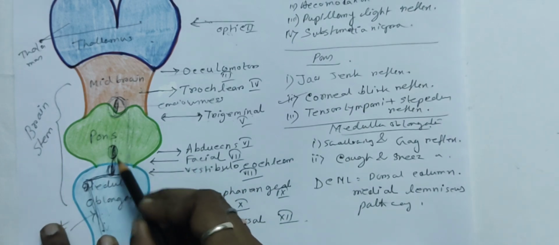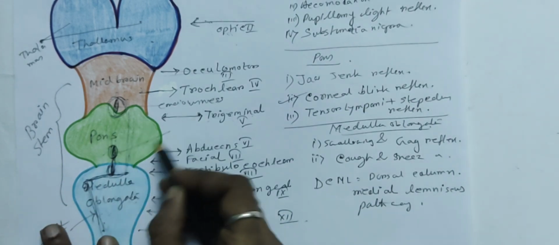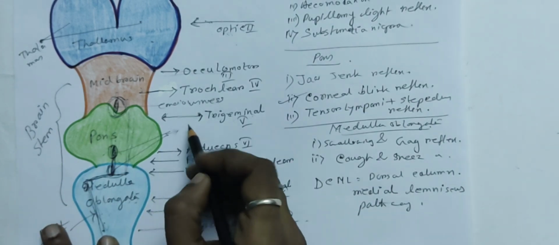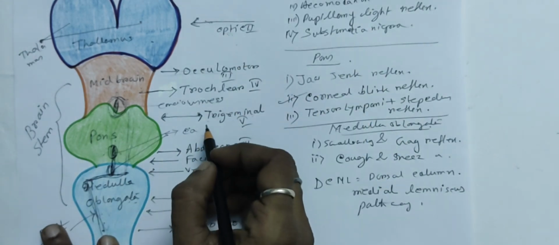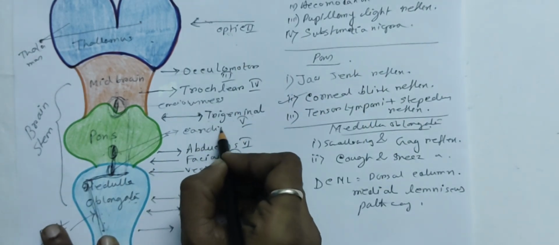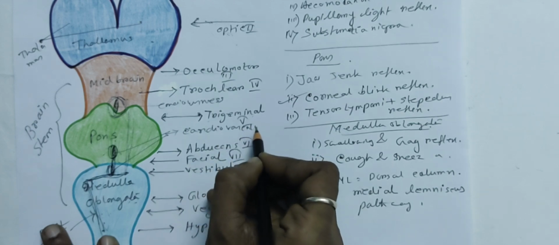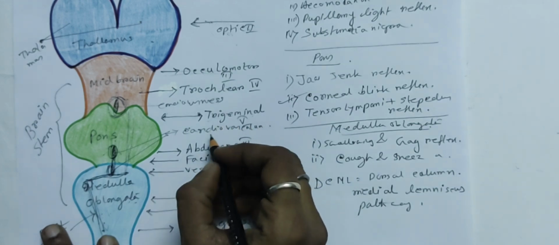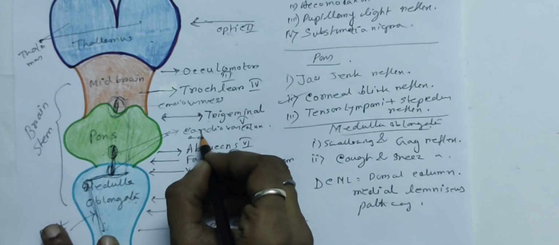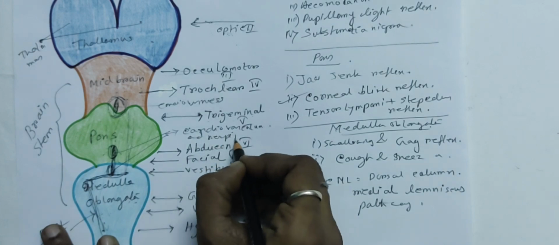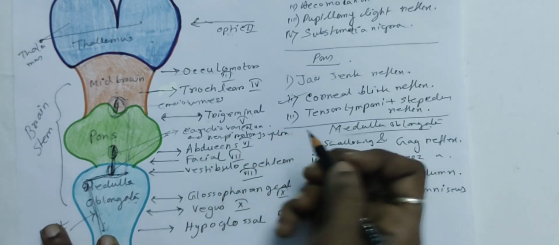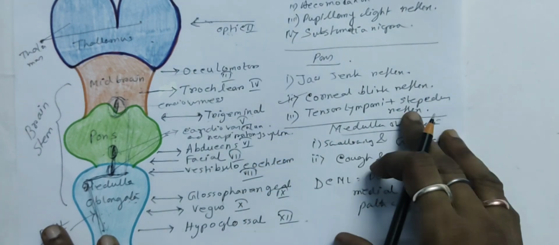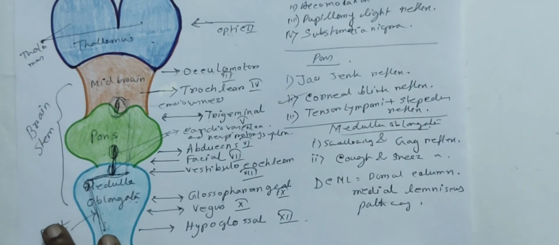And these two nuclei are associated with the basic functions of the cardiovascular and respiratory systems. So these are all about the functions of the brainstem nuclei.